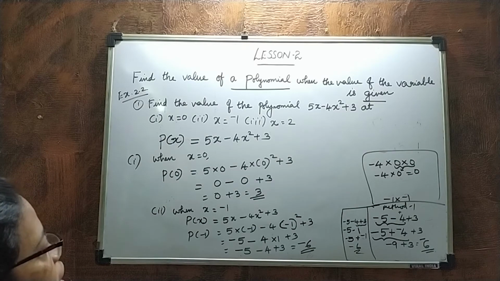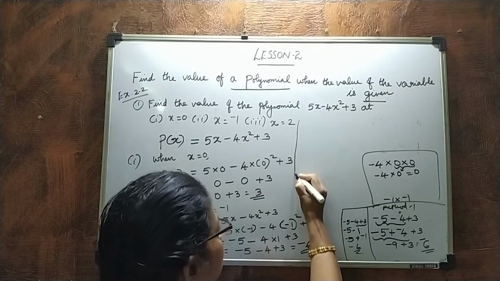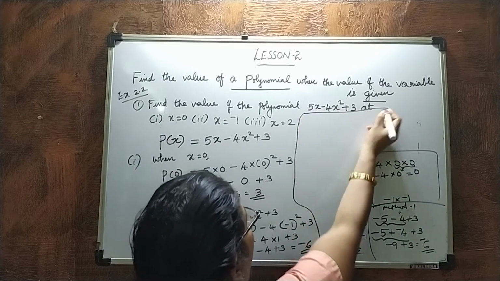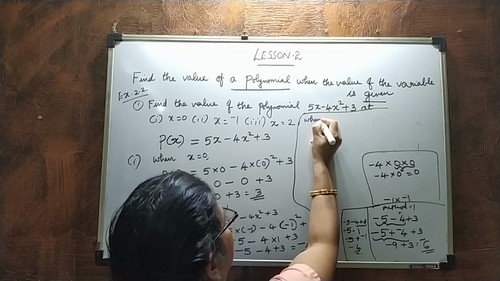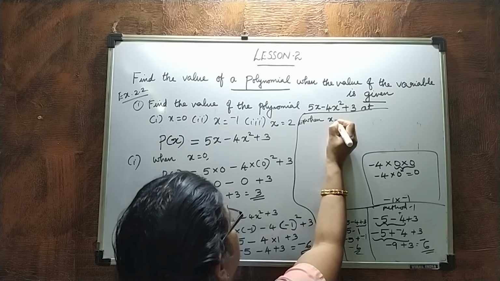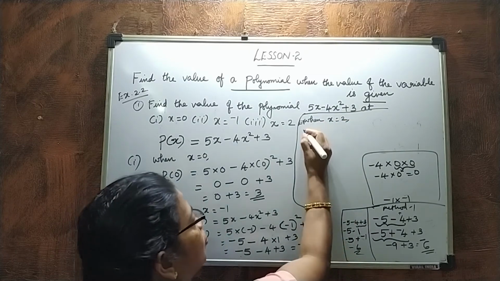What is it? When x is equal to 2. So here we will do the third question, 1, 2, 3. When x is equal to 2. Okay, what do you have to do first? Write the polynomial first.